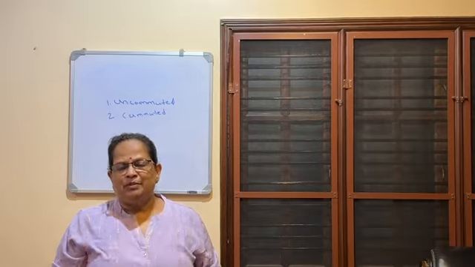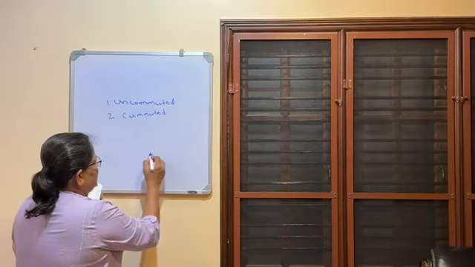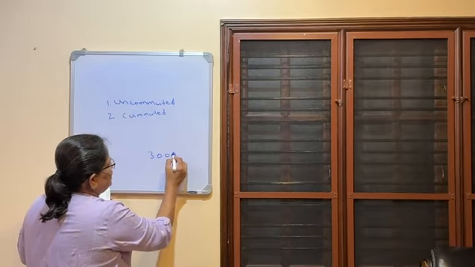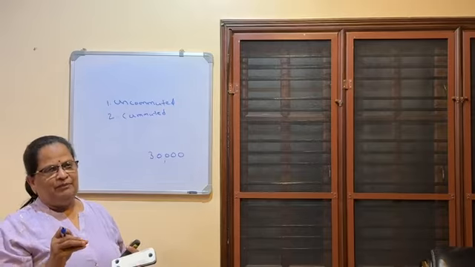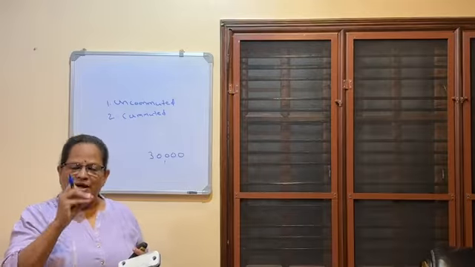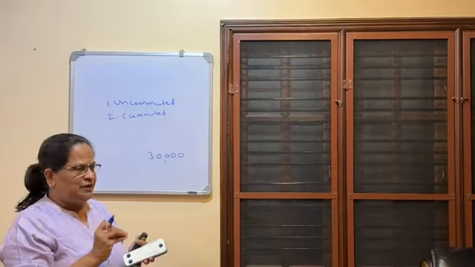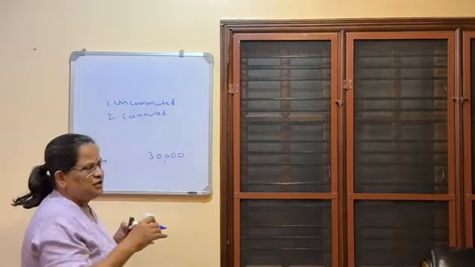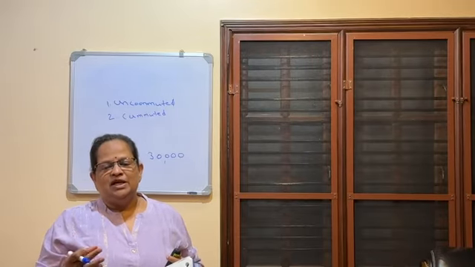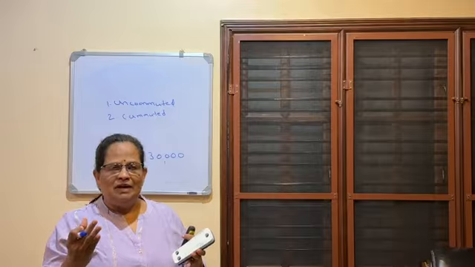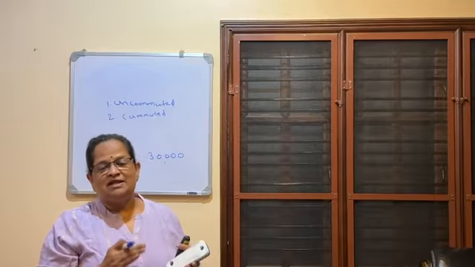Now what is commuted pension? Say for example, you are getting 30,000 as pension. You got the option. Usually when they are giving the pension now, they commute and give. See, for example, life expectancy is more. People are living for more number of years. So the government, what will they do? They will give us a lump sum amount, saying that it's commuted.